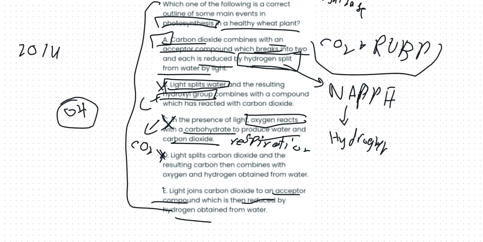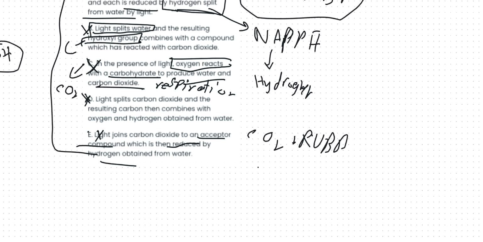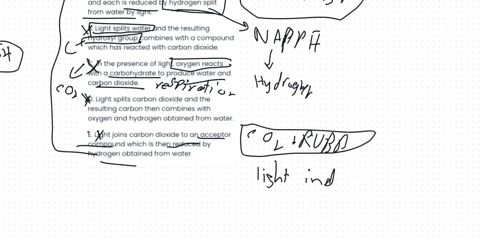Light does not join the carbon dioxide with ribulose bisphosphate, because remember, this step is the light-independent reaction. You don't need light energy to cause this reaction. So this is also wrong.